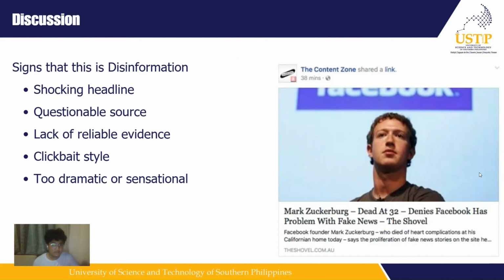The signs that this is fake news are the shocking headline, a questionable source, and the lack of reliable evidence, such as medical or professional evidence, pictures, or something like that.